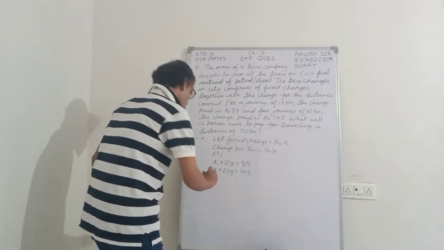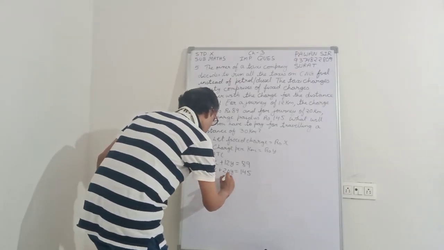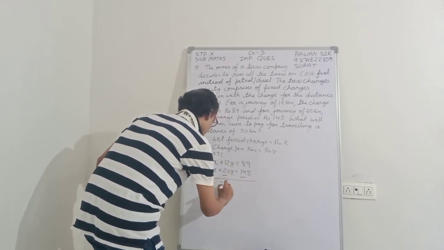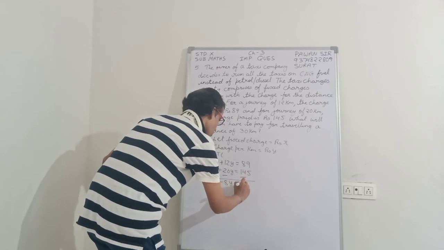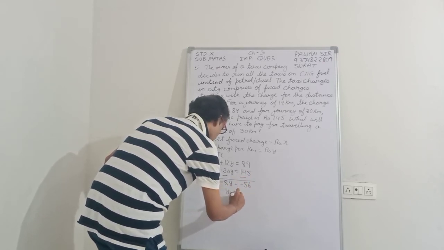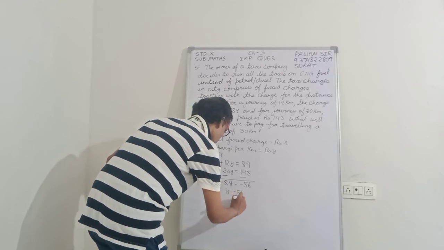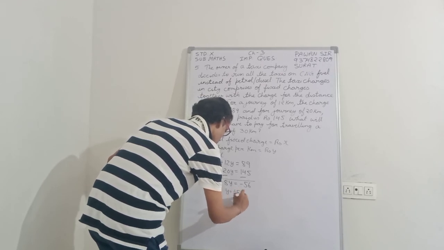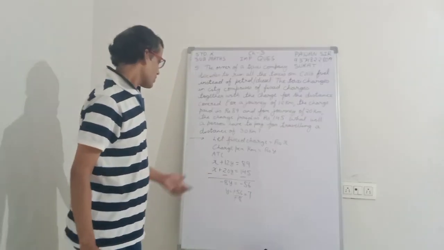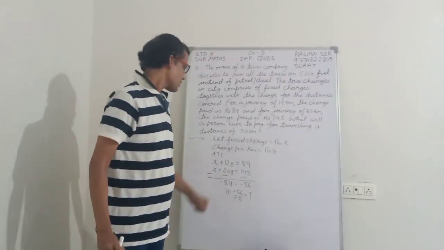So subtract these two equations. What we get? Minus 8y, it is equal to minus 56. We get y equal to minus 56 upon minus 8. So cancelling this, y is equal to 7. So we get the charge per kilometer 7 rupees.